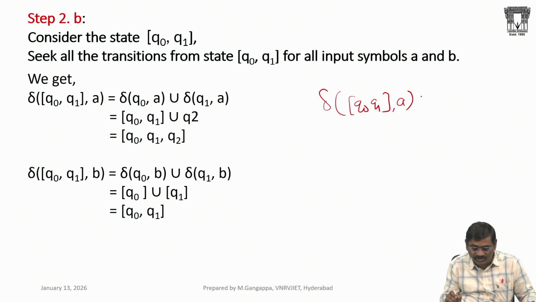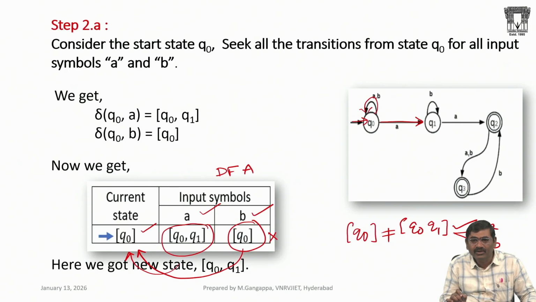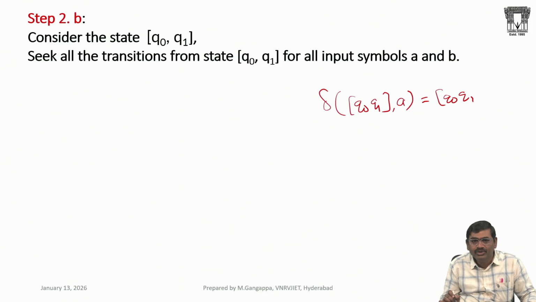Q0 on input A, we already know that it goes to Q0 Q1. Q1 on input A, what is there? Q1 on input A, it goes to Q2.